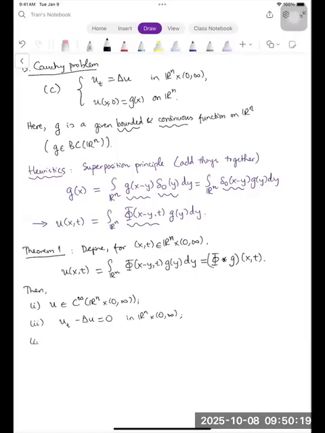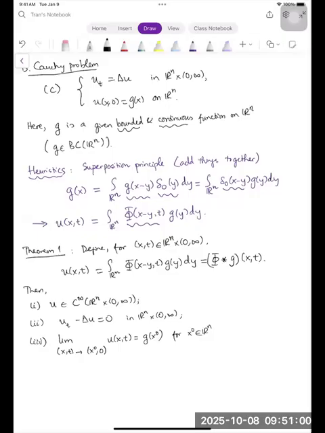The third thing is that in this definition, we only define u for positive time because the fundamental solution is only defined for positive time. But the initial condition holds in the sense that the limit as (x,t) goes to (x_0, 0) of u(x,t) equals g(x_0), for x_0 in R^n.